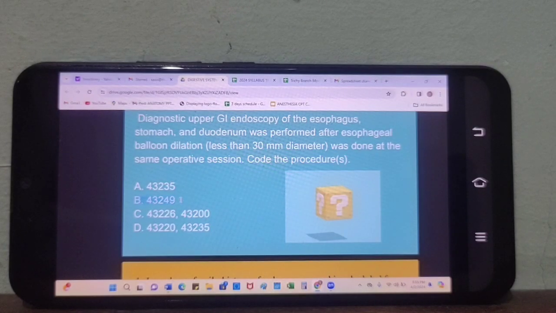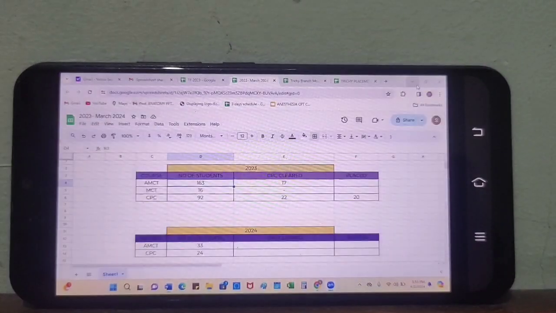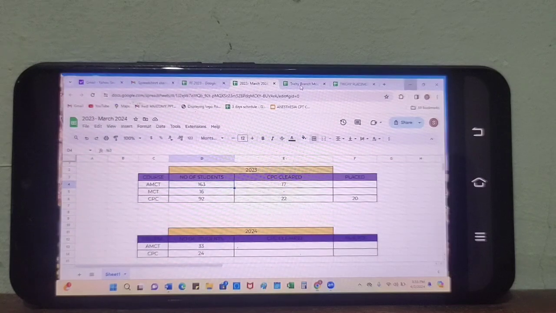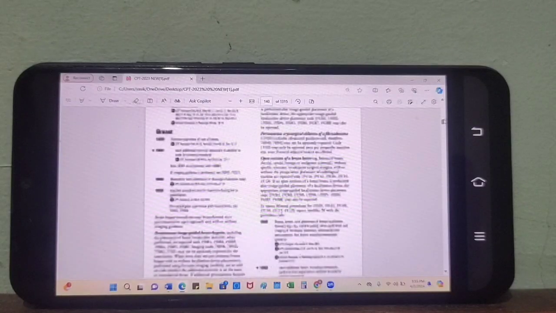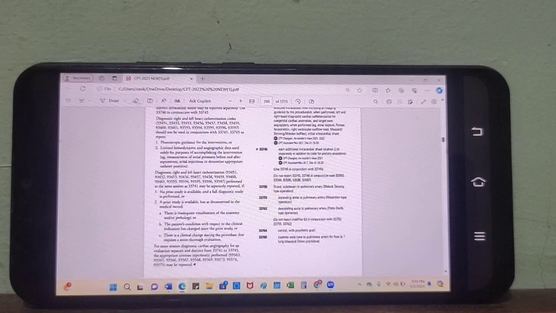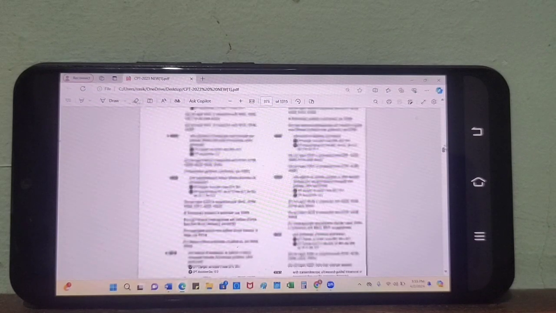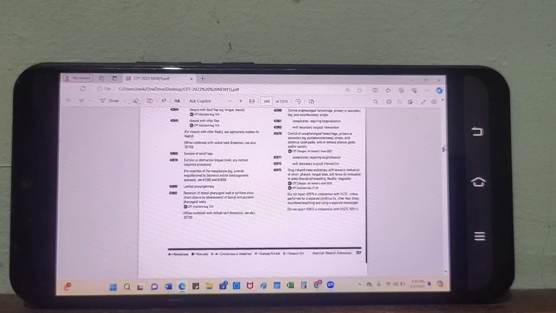That is the answer. Go on and check that. It may be a re-sequenced code. Go on and check with the book, 43249. Guys, anyone, can you tell me the page number?